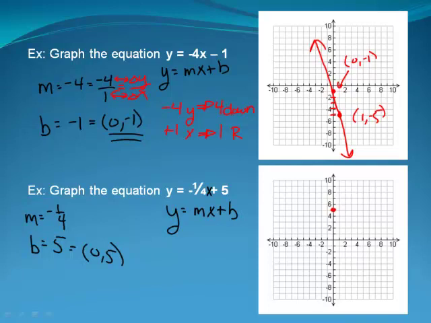Okay, now from there, if you have a negative fraction, you have to decide whether you want to put the negative sign up in the numerator or down in the denominator. Since I personally prefer to just leave negative signs up in the numerator, that's what I'm going to do. So remember, slope is always change in y values over change in x. So here we've got a change of negative 1y.